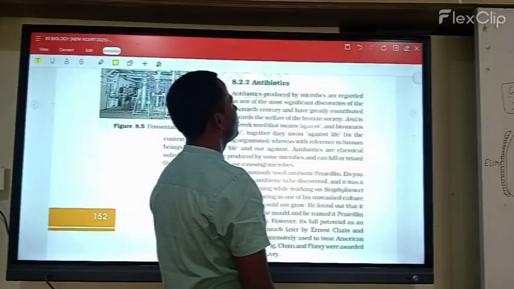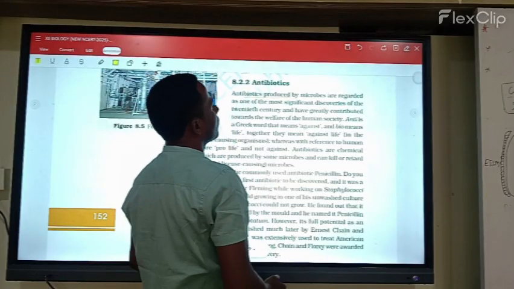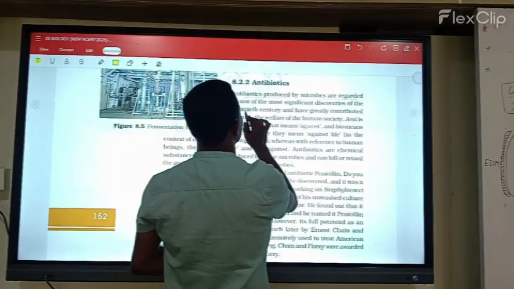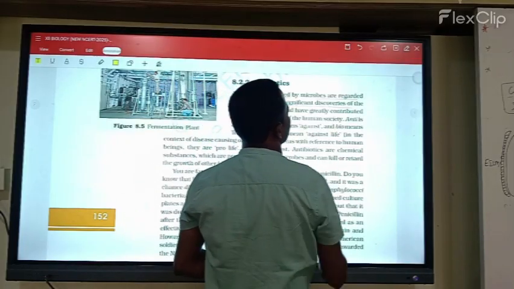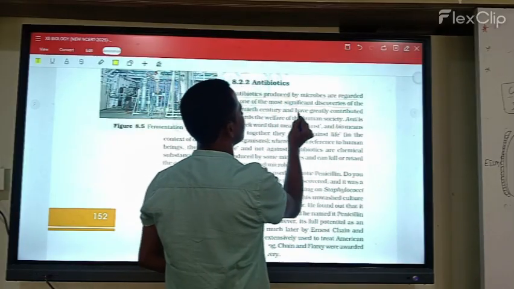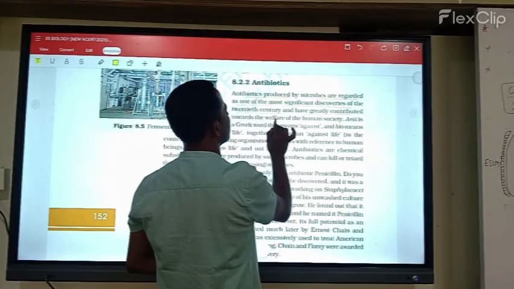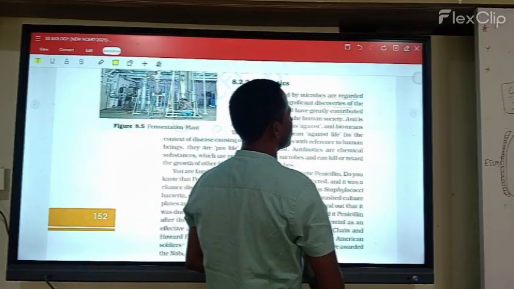Antibiotics. Antibiotics produced by microbes are regarded as one of the most significant discoveries of the 20th century and have greatly contributed towards the welfare of human society.